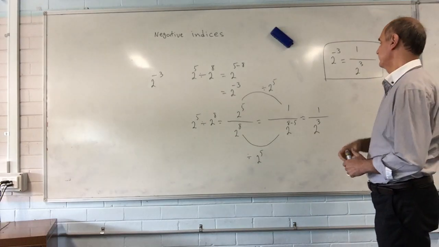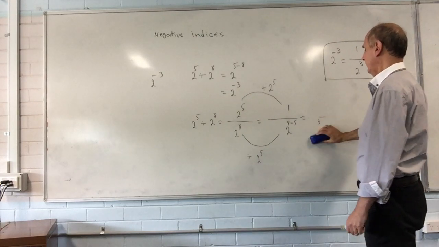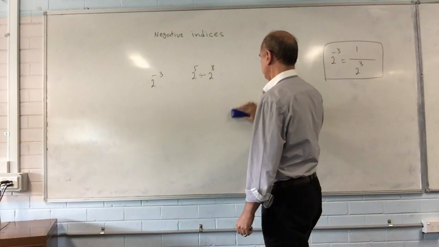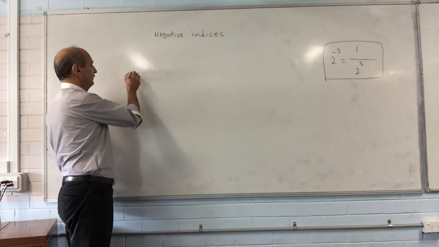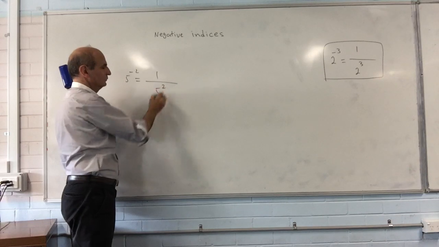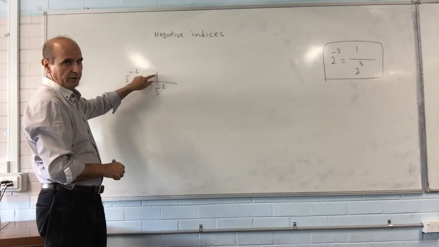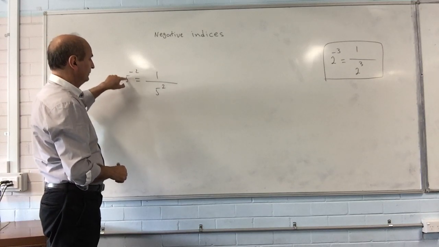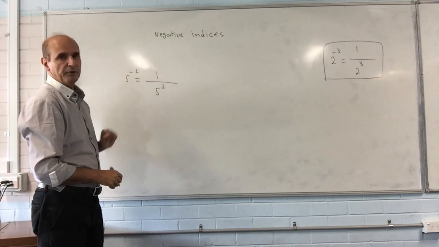That is an interesting extension of powers to negative cases. So now I can claim, for example, that 5 to the power of minus 2 is 1 over 5 to the 2. All we are doing is writing it as a fraction, where the top is always 1 and the bottom is the same expression, but with the power positive rather than negative.